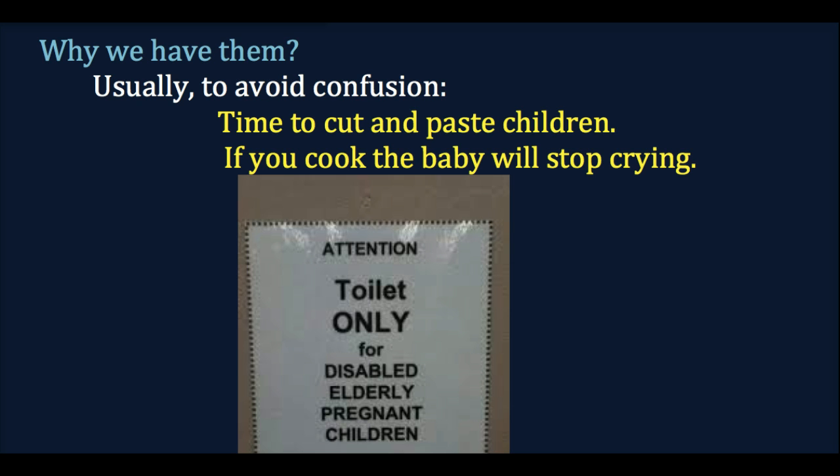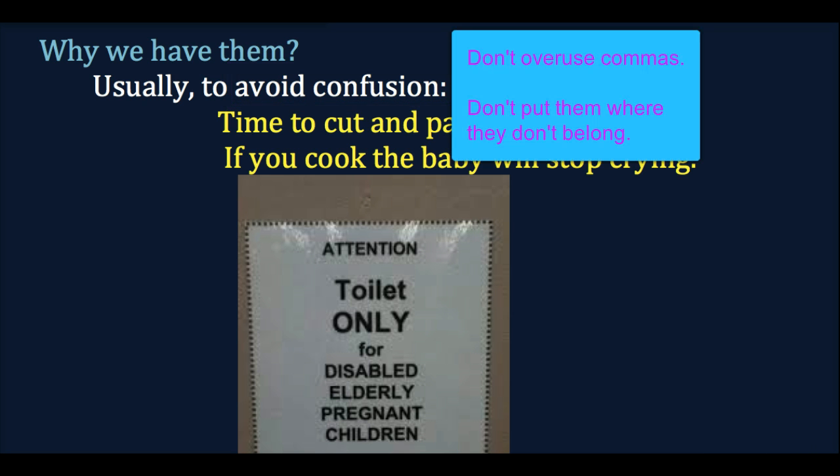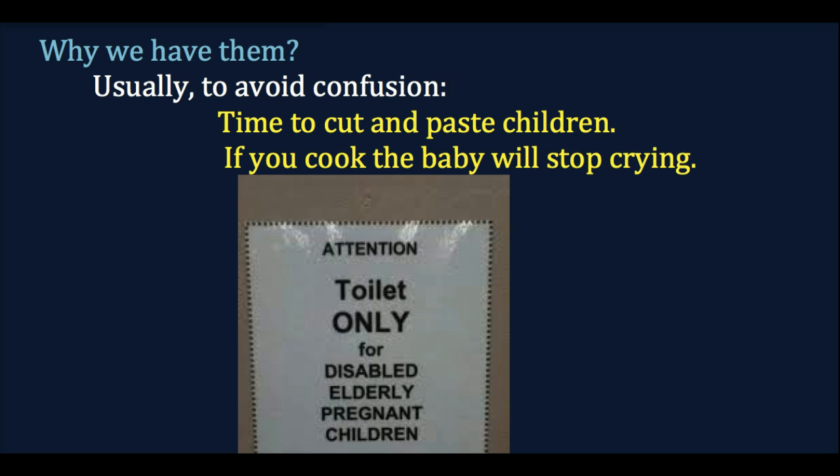So, commas, you need them to avoid confusion, and if there's no confusion going on, you can probably avoid using a comma, because the other problem is spraying your paper with a comma aerosol and overdoing it. So let's learn the rules that will help with confusion and with overuse of commas.